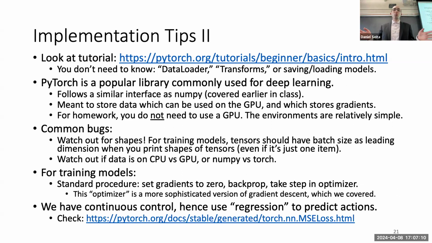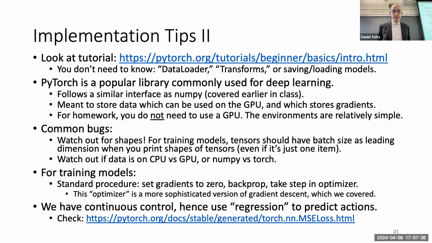For the homework, putting things on the GPU might actually make things a little bit slower because the data is very low dimensional. The states are continuous, but they're small in dimension, so you don't need a GPU. A GPU is mainly for a really deep network with lots of data, and the more you have of that, the more essential the GPU becomes.